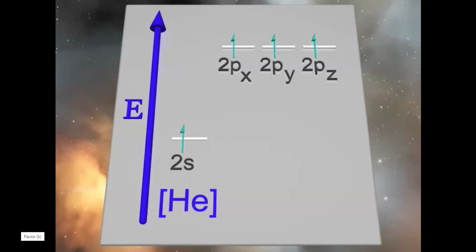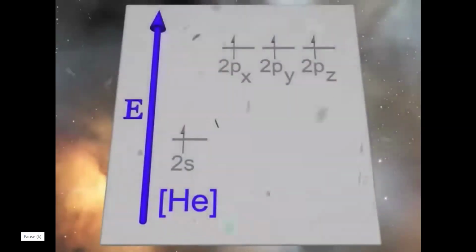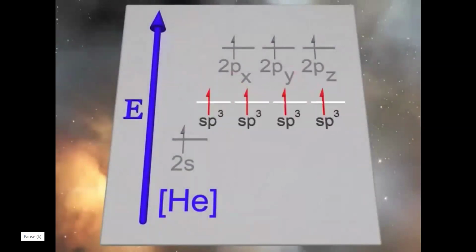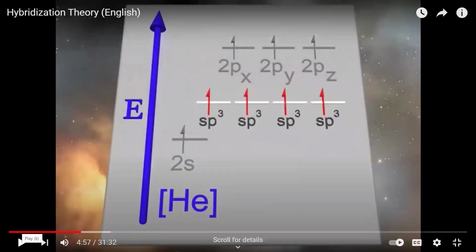Thus, when we mix the 2s atomic orbital with all 3 2p atomic orbitals, we create 4 new degenerate energy hybrid orbitals. They're not s orbitals anymore. They're not p orbitals anymore. They're sp3 hybrid orbitals. I like the cartoon cat dog. It's cat on one end, dog on the other end. You don't have a cat, you don't have a dog, you got cat dog.